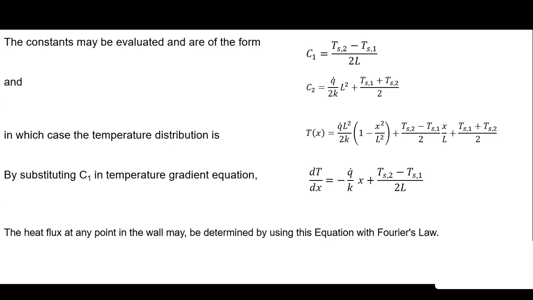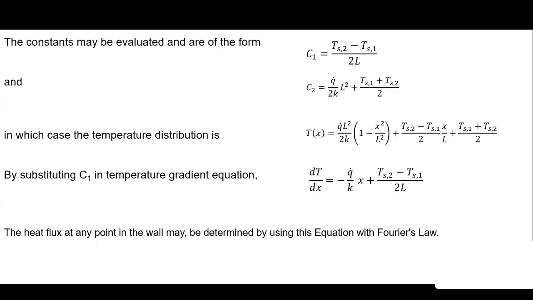You can integrate it to get the temperature gradient as well as the temperature distribution equation, put the appropriate boundary conditions, and calculate the values of C1 and C2. Then it's a matter of just substituting the values of C1 and C2 into the temperature gradient equation and temperature distribution equation, and you can find out the appropriate results. You can find out the temperature, or sorry, heat flux at any location, or you can find out the maximum value of temperature also, that is Tmax.